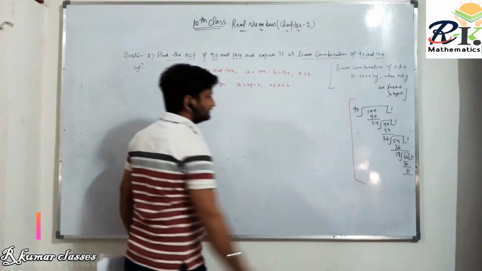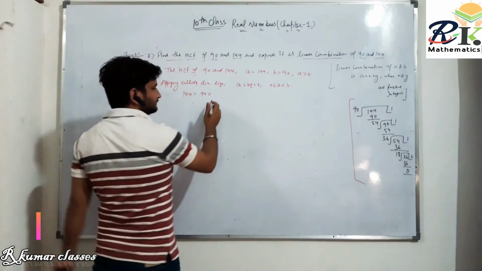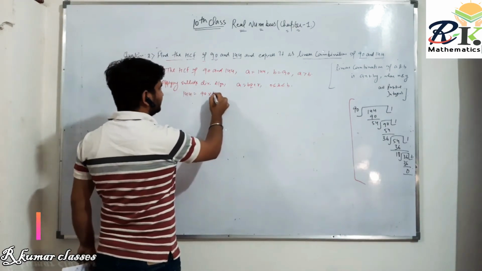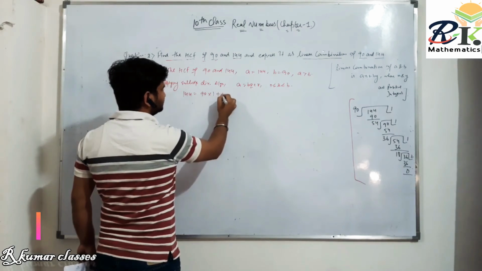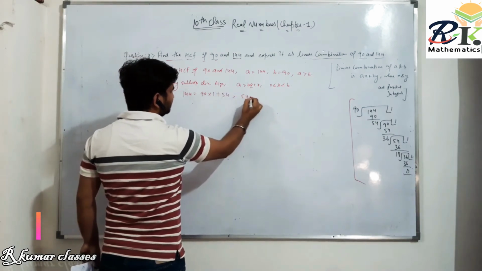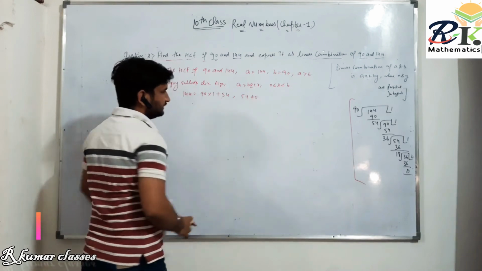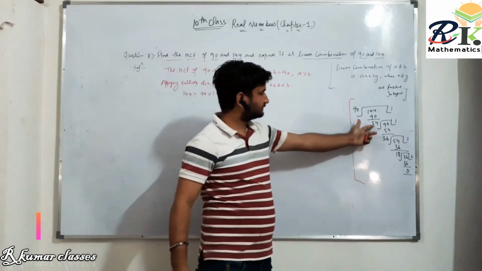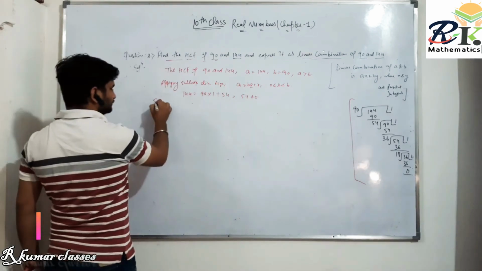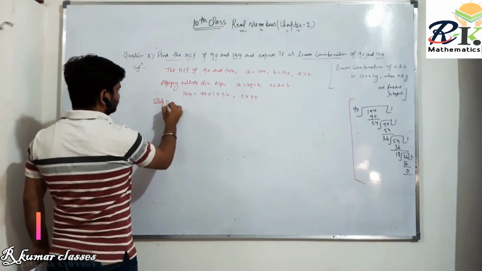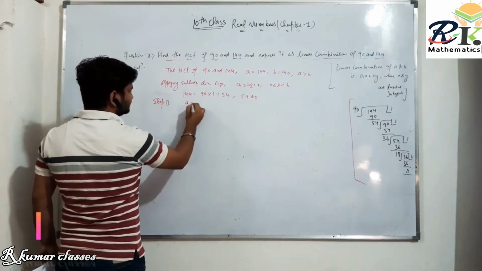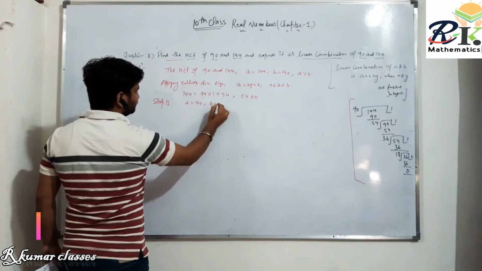In the first step we have 144 equals 90 into 1 plus remainder 54. So here remainder 54 does not equal 0. Again, 54 is taken in step 2. In step 2 we take a is equal to 90 and b is equal to 54.